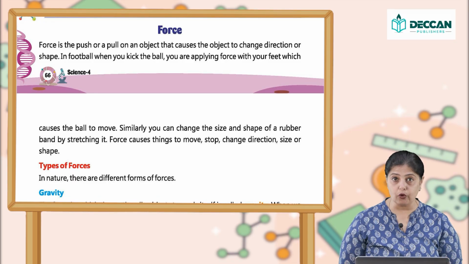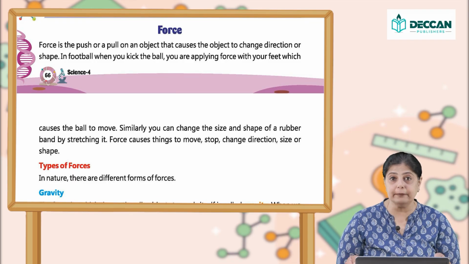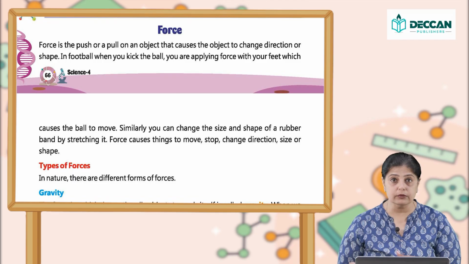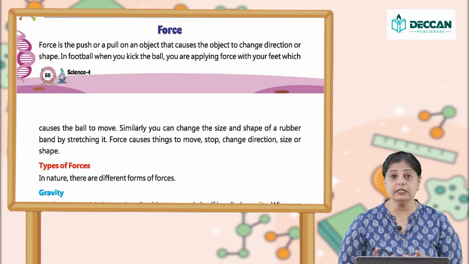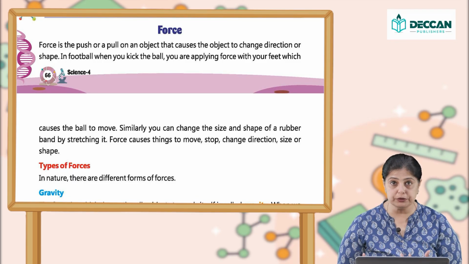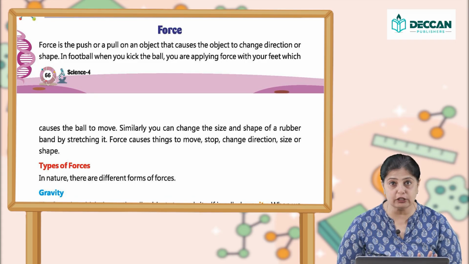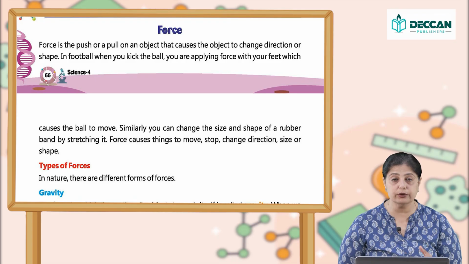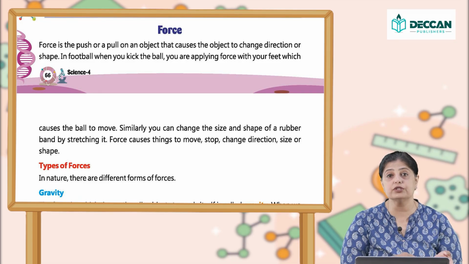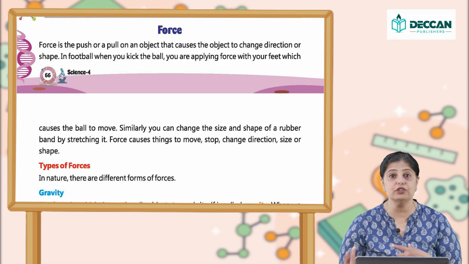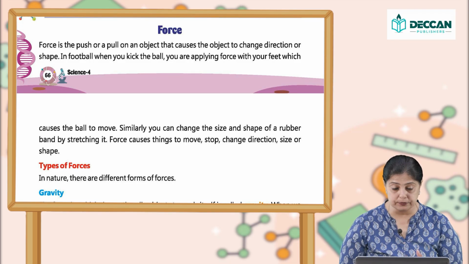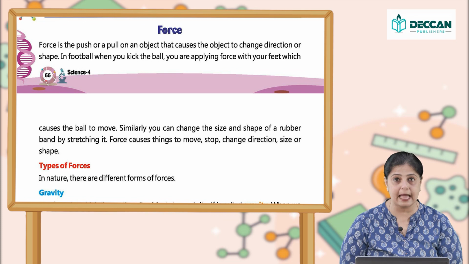You are applying force, and you are lifting that table and taking it to the kitchen. So that means you have applied some energy, you have applied a force to it. Either you push that object or you pull that object, and then you see that the object's direction has been changed, or sometimes even the shape changes. How? We'll see through the examples.